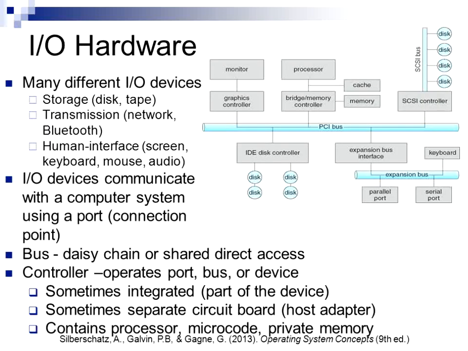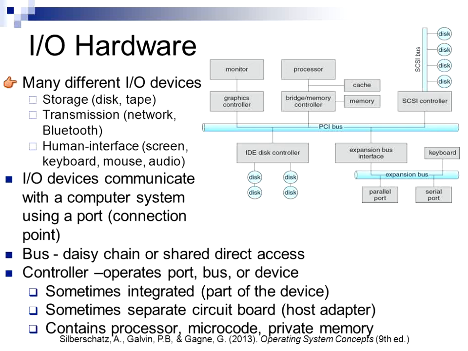So your book talks quite a bit about some of the different I/O hardware, and the important thing to realize is that there are lots of different I/O devices. You don't see it as much when you're working with a mobile device like a tablet or a phone, but when you're working with a PC, you can just think of all the different things that you can hook up to your PC.